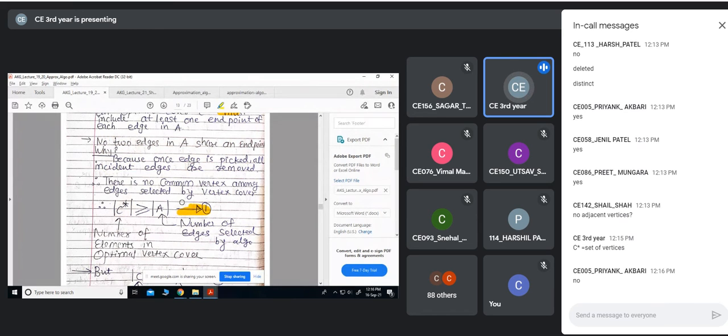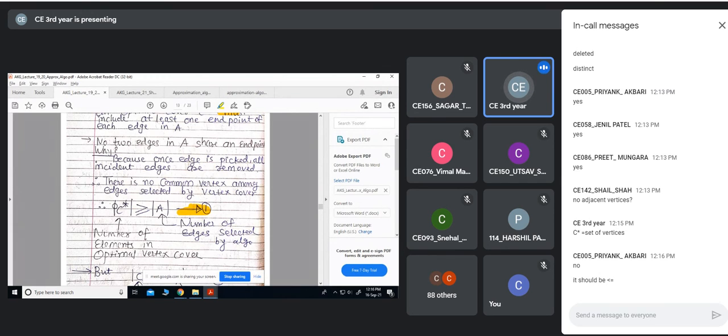What it tries to say is that the number of elements in the optimal vertex cover is either equal to the number of edges selected by the algorithm, or it would be greater than. Why?